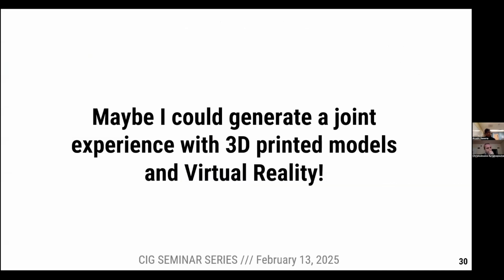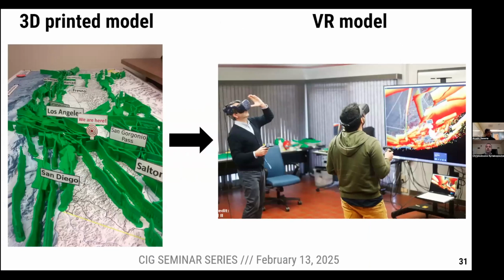And so what I did some years ago is that I started experimenting with 3D printing combined with virtual reality, okay? And look how we can make the 3D printed model into a virtual reality activity. Here I am with my graduate student Ivan, together inside the California fault system, the one that is 3D printed here.